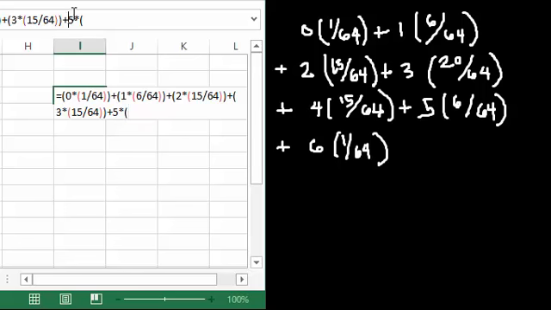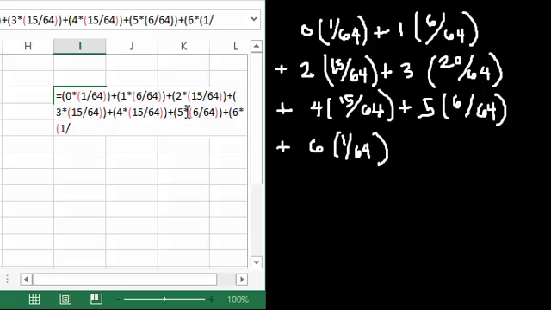There should be a parentheses right there. 5 times 6 over 64, close parentheses, plus 5 times 6. Oops, I missed 4. Sorry. It should be 4 times 15 over 64. And then we have parentheses 5 times 6 over 64. And finally, almost there, parentheses 6 times 1 over 64. Just close parentheses. Hope it works. There we go. Press enter.